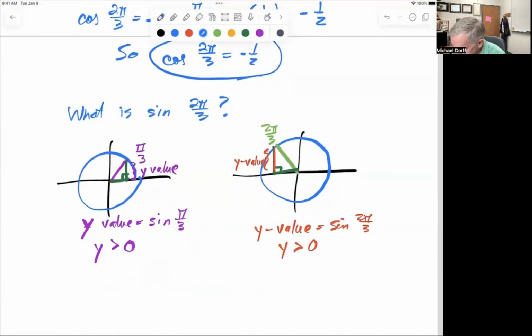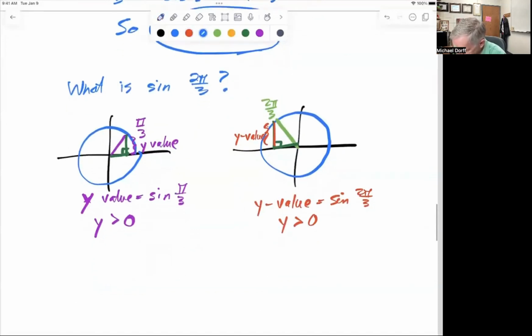So what does that mean? That means the sine of 2 pi over 3 has the same length. This dark green value for the sine of pi over 3 has the same length as the red line, which is the y value in the second quadrant, or the sine of 2 pi over 3. So they have the same length, and they both have the same sign. They're both positive.